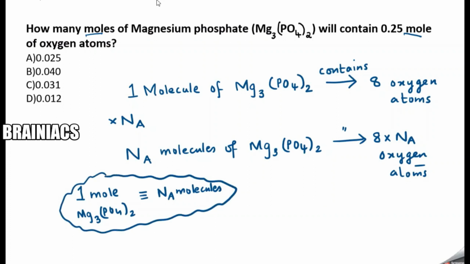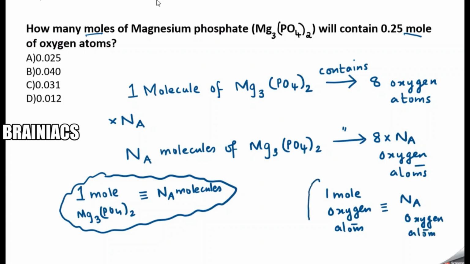Similarly, I know that 1 mole of oxygen atom has Avogadro number of oxygen atoms. This is also fundamental, so this also I will put in bracket. This we have learned in the initial concept.